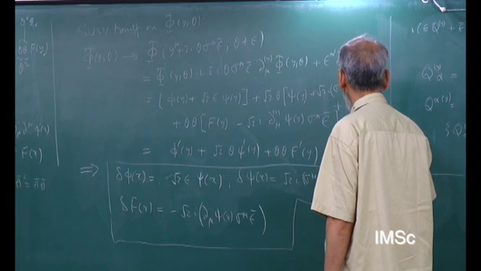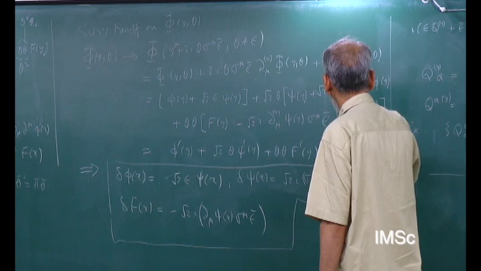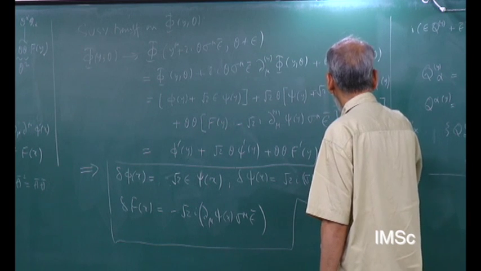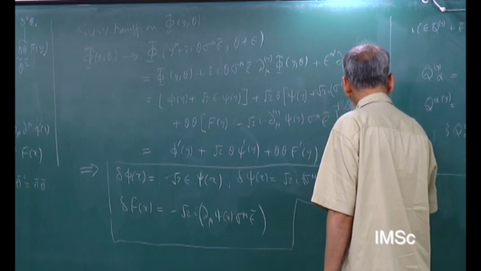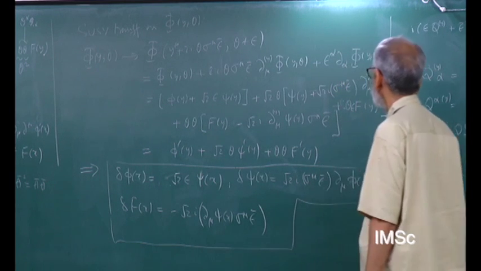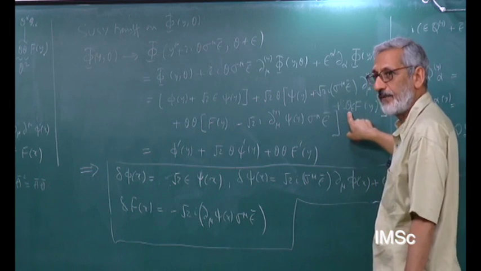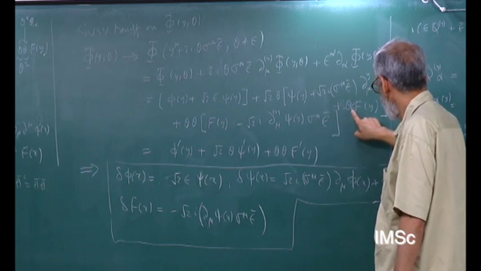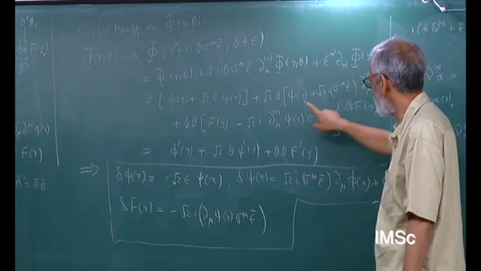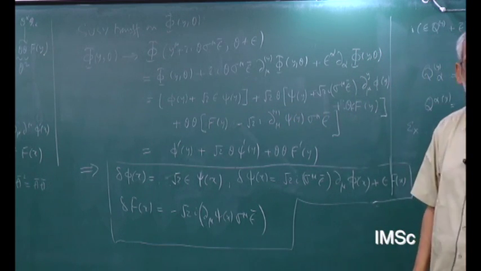There's something missing. I have missed an epsilon here. There should have been an epsilon here, right? Epsilon f of x. Because of one derivative, this epsilon should have been there. So this is epsilon, that's what it is. It's theta times theta, epsilon. This is what it is.